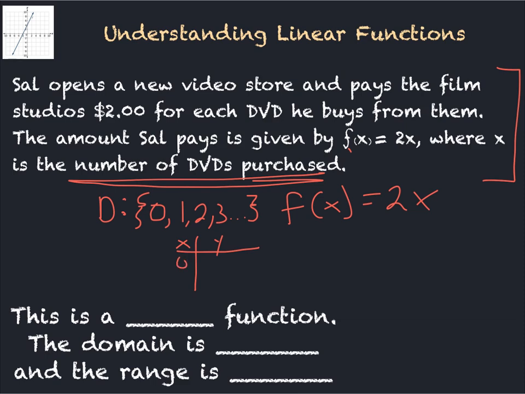So if we have 0, the y would be 2 times 0, which is just 0. If we have 1, your y would just be 2 times 1, which would be 2, right? If we have 2, your y would just be 2 times 2, which would be 4, right? And if we have 3, your y would just be 2 times 3, which would be 6.